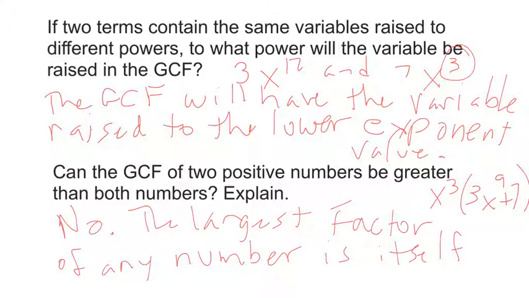So if the largest factor of any number is itself, the GCF can only be as large as one of the numbers. Now, if we're talking about negatives, then things could be larger because one could be negative and one positive and all that. But as far as the largest factor, no, it cannot.